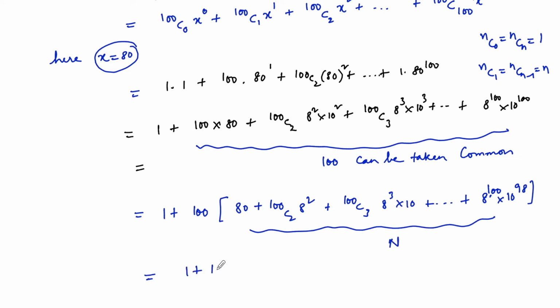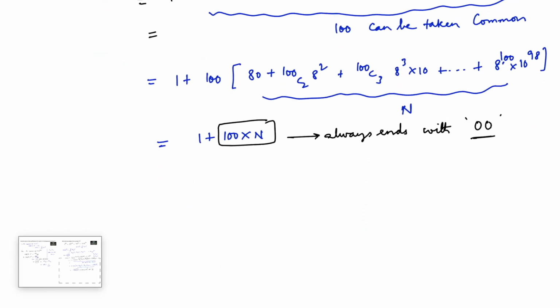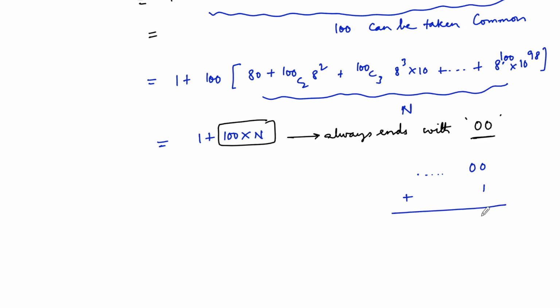So 1 plus 100 times some number n. 100 times n always ends with 2 zeros for sure. And then this number, which ends with 2 zeros, added with 1, so surely we will be getting 0 and 1 as the end digits.